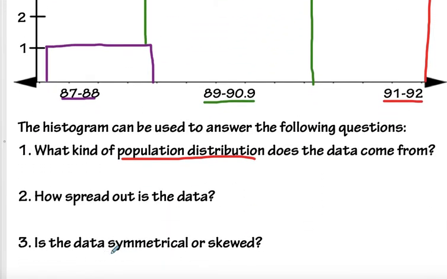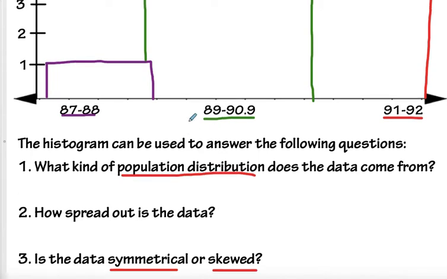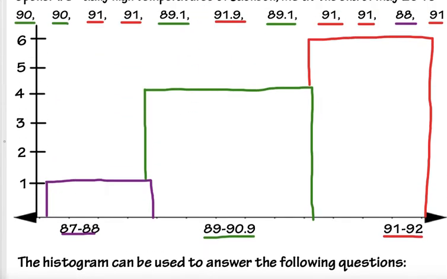Is the data symmetrical or skewed? Let me give you an example of what symmetrical would look like. Think of this as kind of like a dot plot or a line graph: this one starts slow and then goes up.